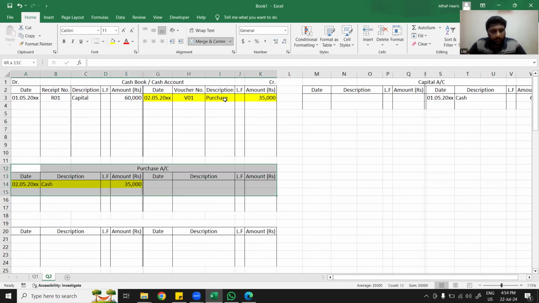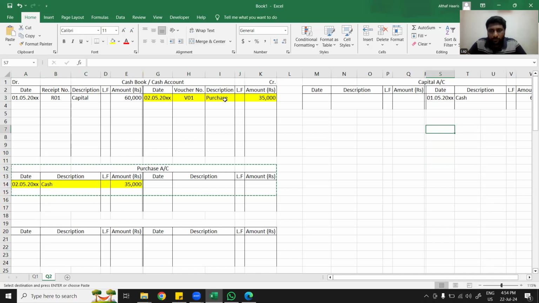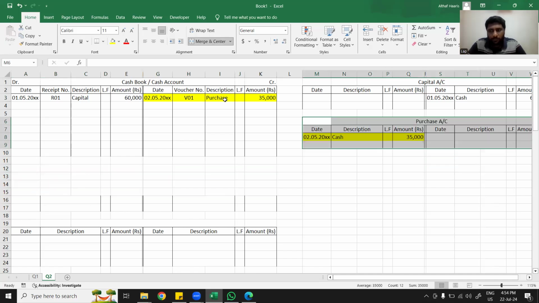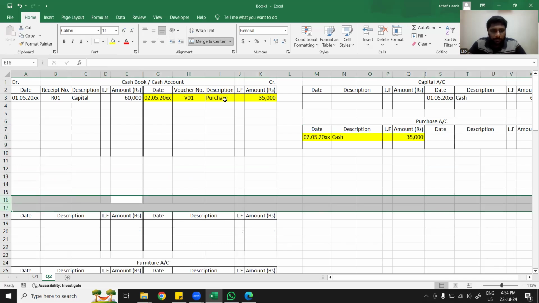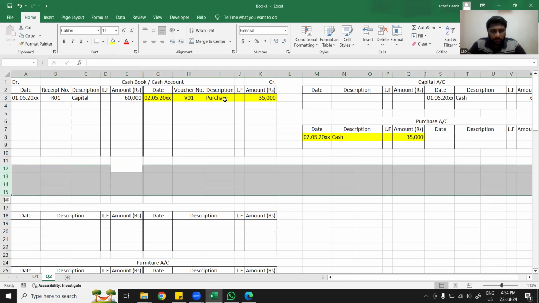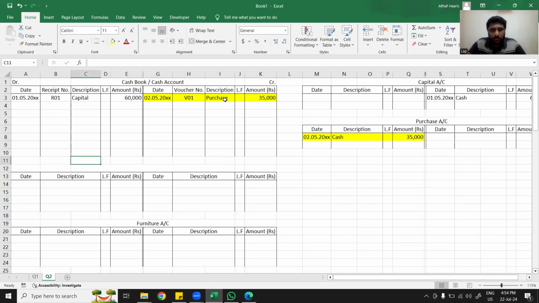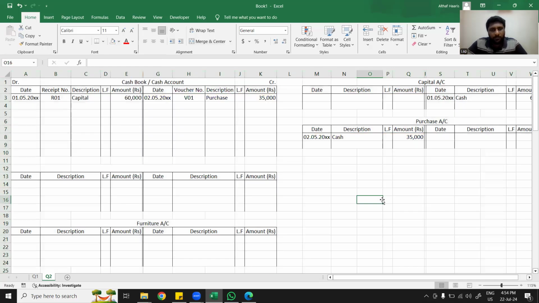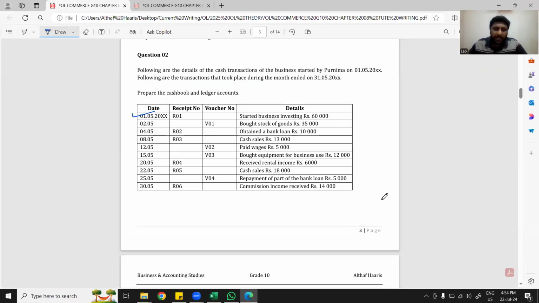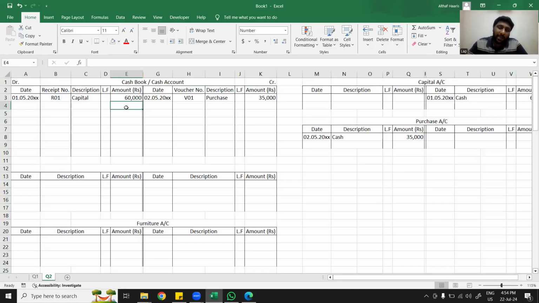Okay. Now let's move to the next one. Obtained a bank loan. If you take a bank loan, you are getting money. One side you are getting money, the other side your liability is increasing.